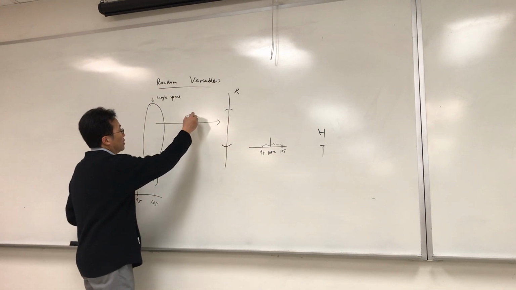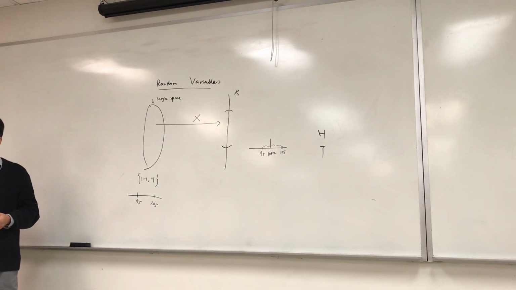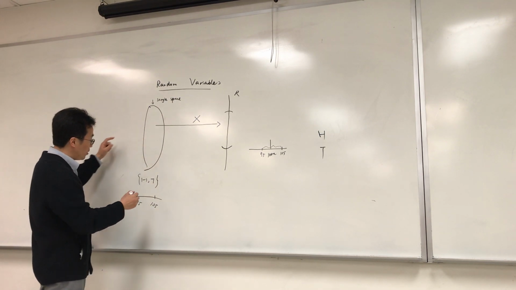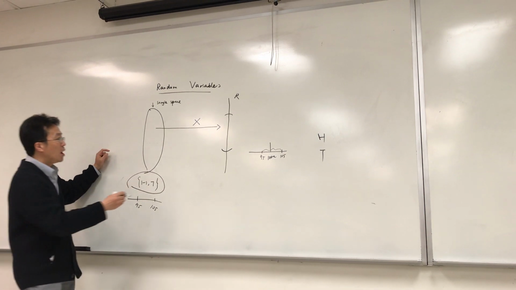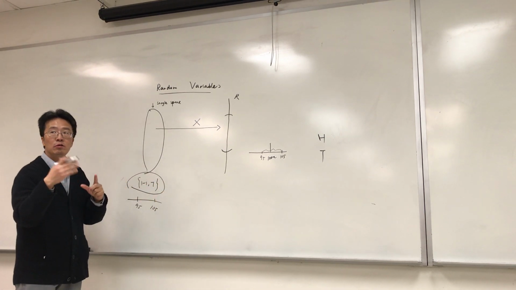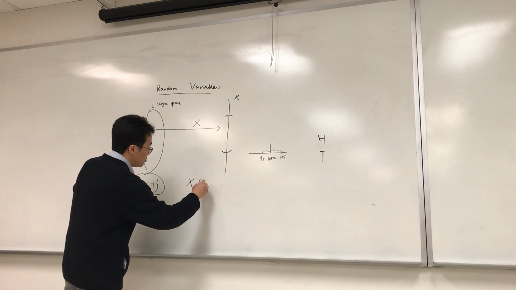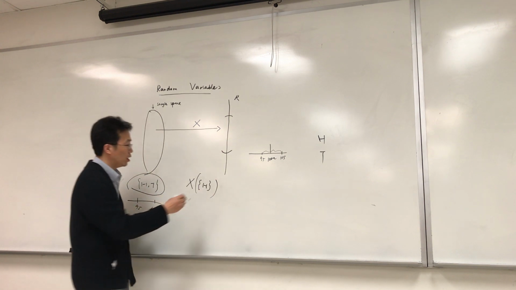All right? And for example, if we use this mapping, the so-called uppercase X here, and we have this sample space, we might generate the following random variable, X of H. We map this event to what?